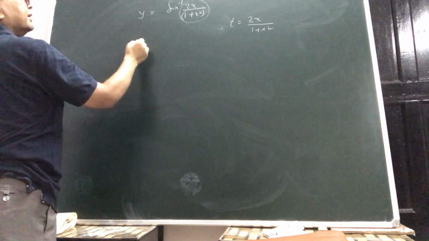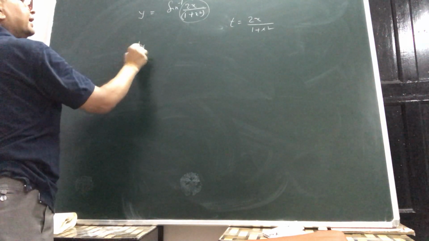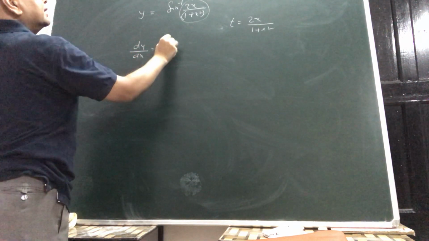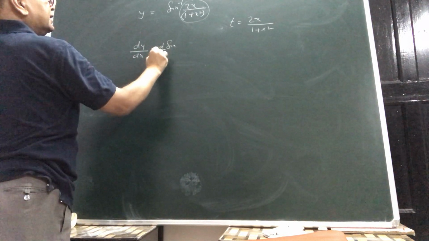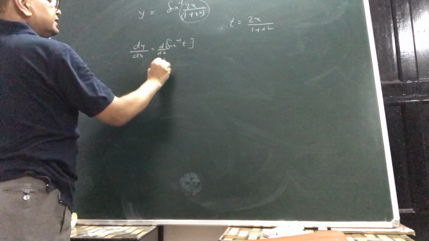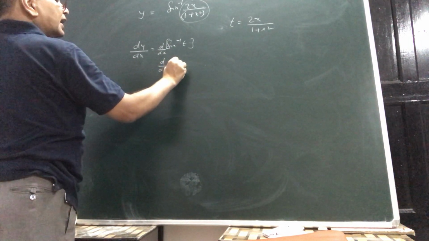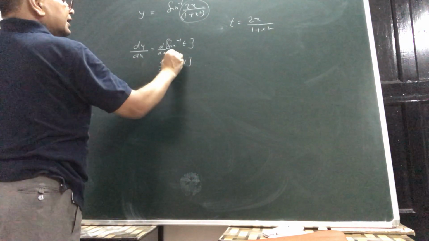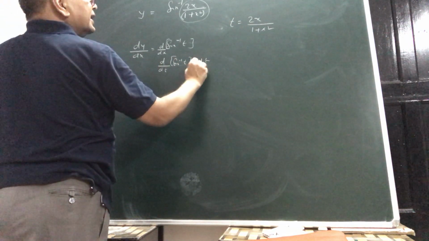And then invoke the rule. dy by dx, what will it become? It is d by dx of sine inverse t, which is d by dt of sine inverse t, and this is dt by dx.